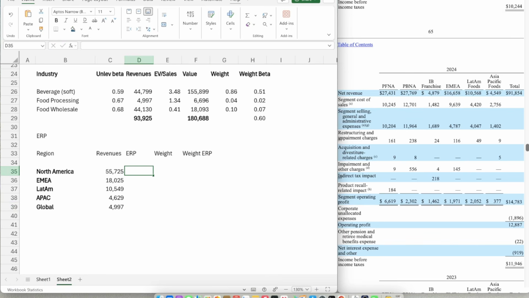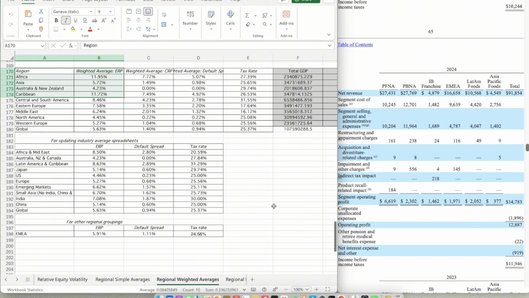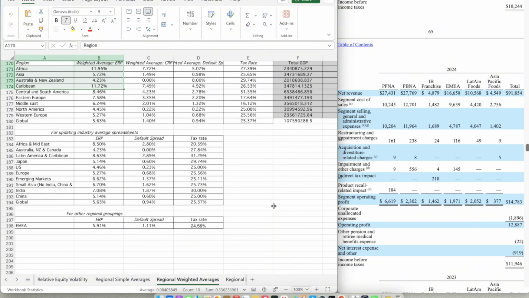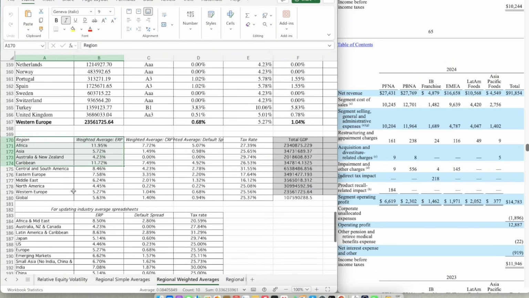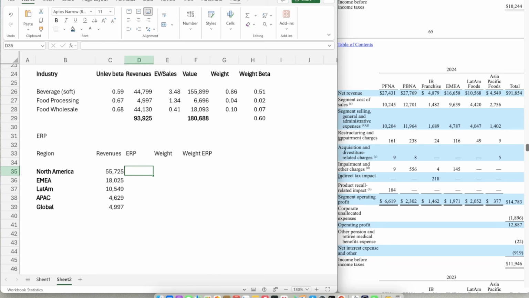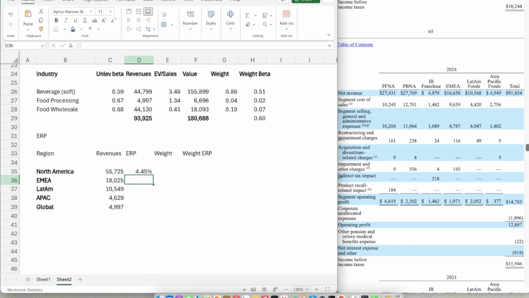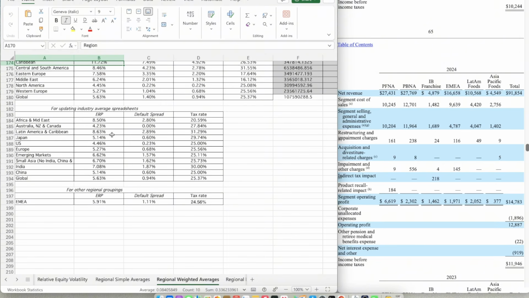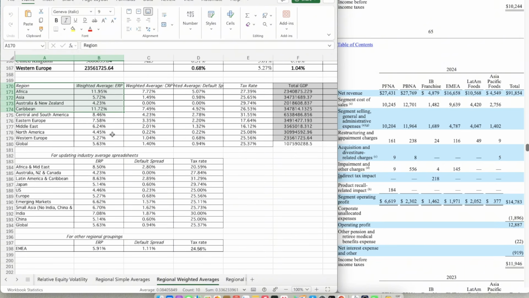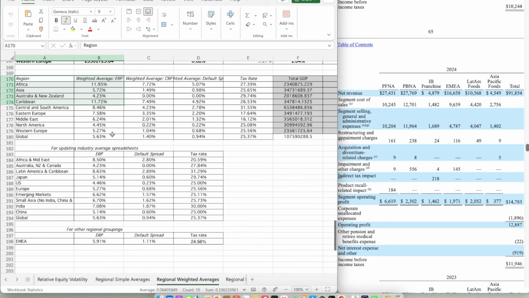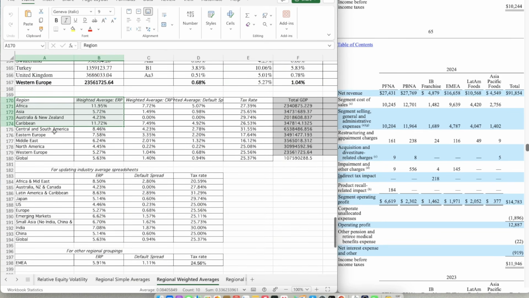So the ERP, we go onto the country premium spreadsheet, the risk premium. So North America, we know is 4.45%. Europe, Middle East, and Africa, 5.91. LATAM, we'll go Central and South America, and we'll say 8.46.